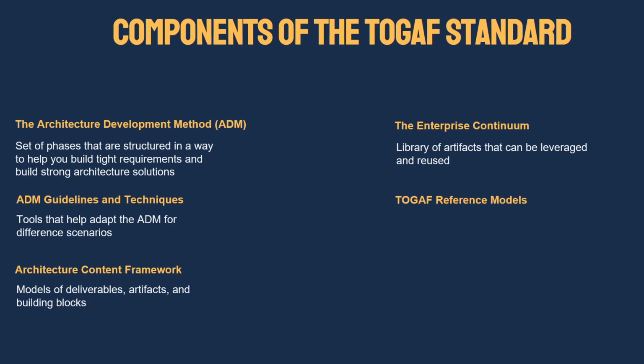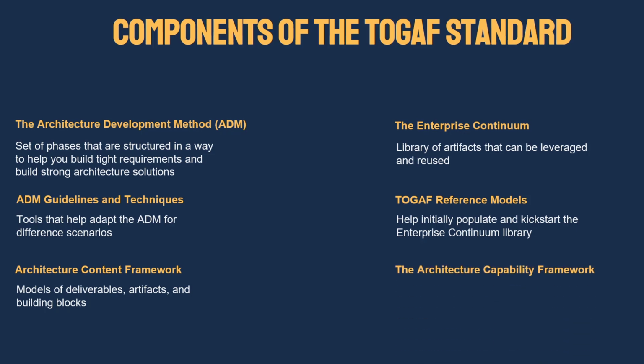There are specific TOGAF reference models that help you initially populate and kickstart your library if you are starting from scratch. Finally, the Architecture Capability Framework is a framework for building a strong architecture practice that includes governance, capabilities, measures, and metrics.